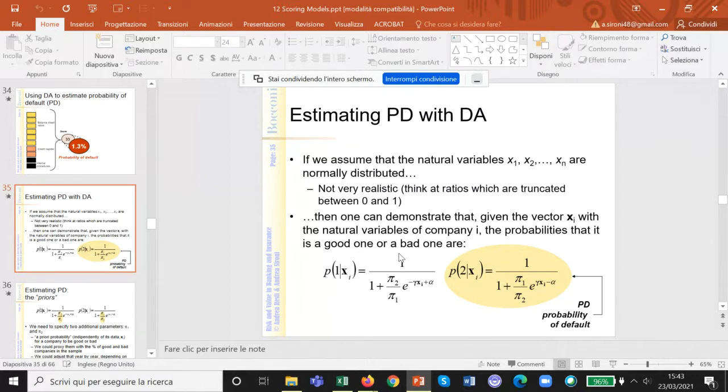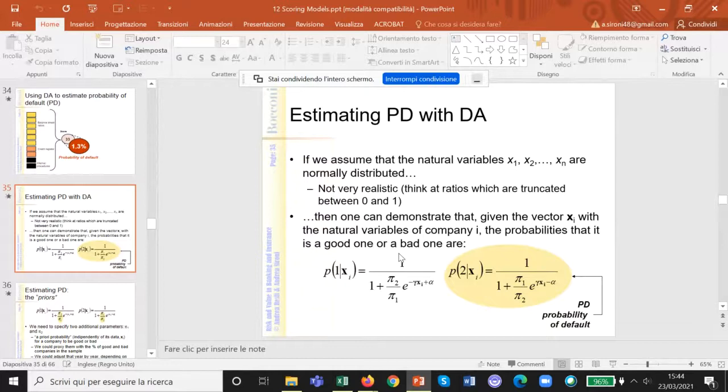Sorry, I forgot to mention that this can be done if we assume that the variables that I'm using are normally distributed. And this is not really so realistic, because some of these variables are actually financial ratios that are truncated between 0 and 1. Now, basically, if we have prior probabilities, and I'll mention in a minute what they are, we can compute the probability of belonging to group 1 or the probability of belonging to group 2.